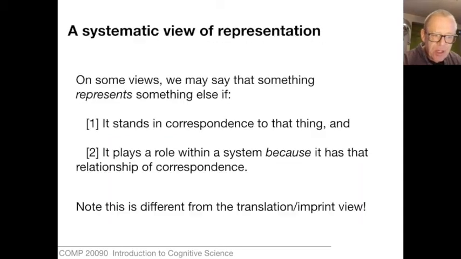The word representation is often used in a way that is distinguished from those imprints and traces and has more in common with the symbols and icons on the map. On these views, we can say that something represents something else if it stands in correspondence to that thing and it plays a role within a system because it has that relationship of correspondence.